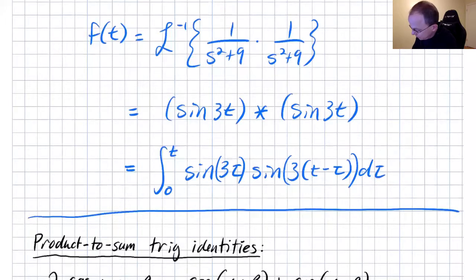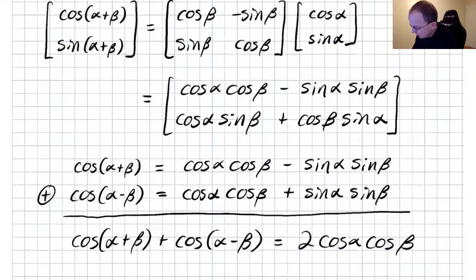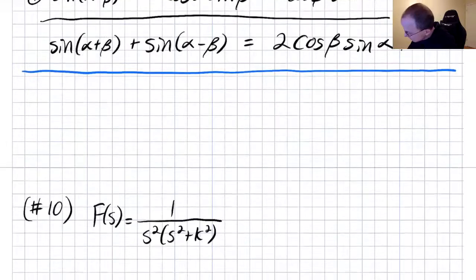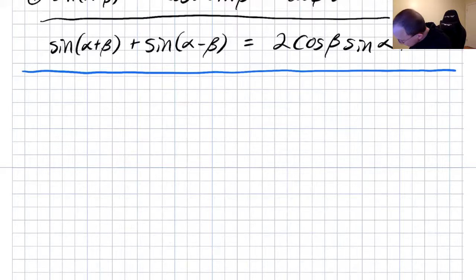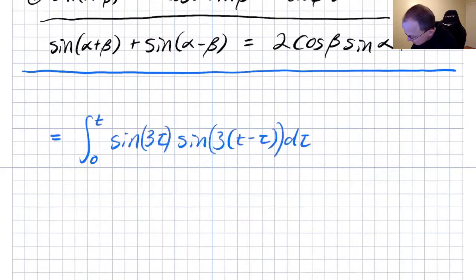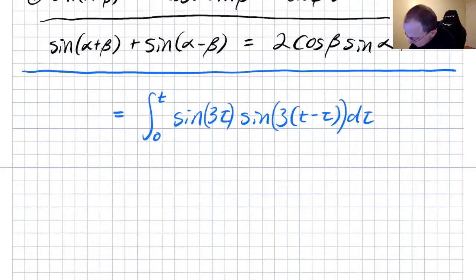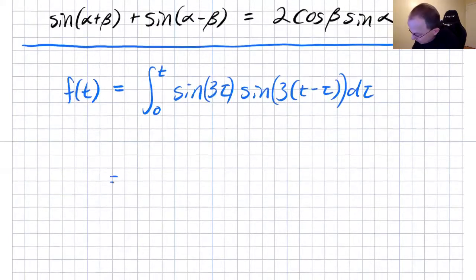So we want to compute this. So we have this product of functions, and we want to use that trig identity to change it from a product of trig functions to a sum of trig functions.